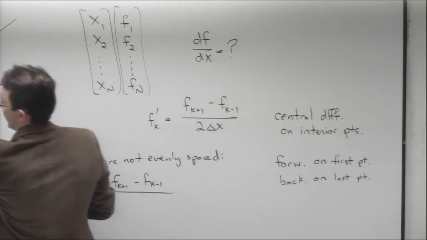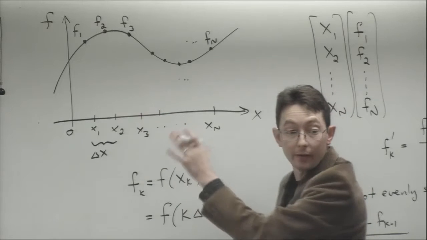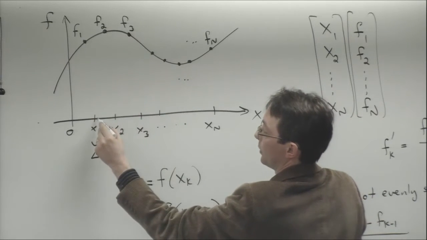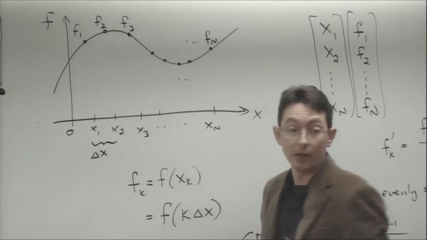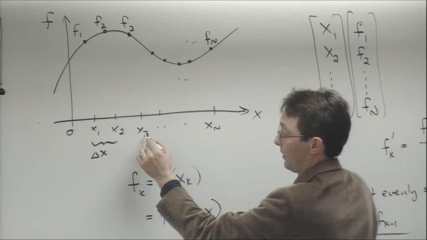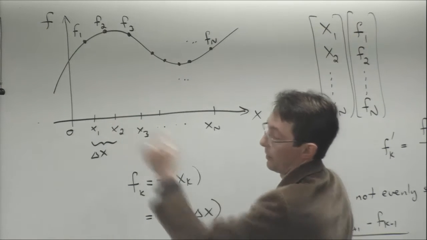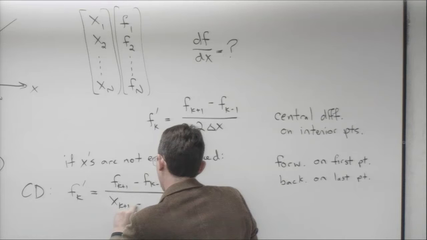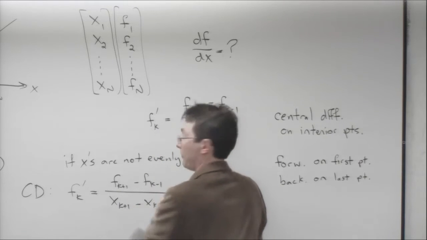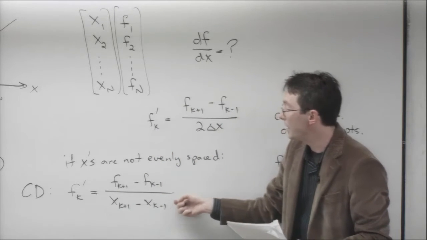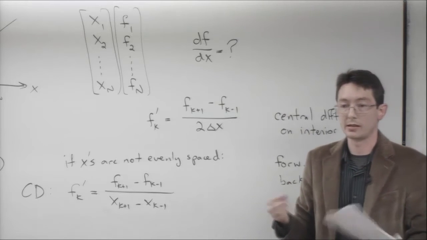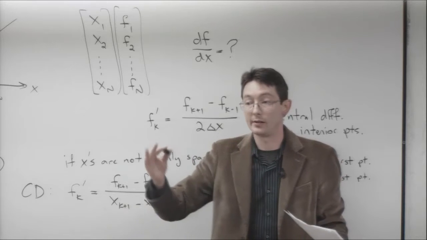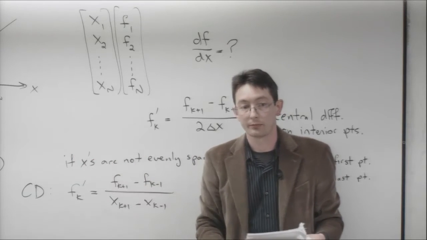If these delta x's can change variably, then what I need to do is figure out what this effective delta x is between them, which is just x3 minus x1, or xk plus 1 minus xk minus 1. So we don't need our delta x's to be evenly spaced. We just need to know what the x points are, what points our function is evaluated at also.